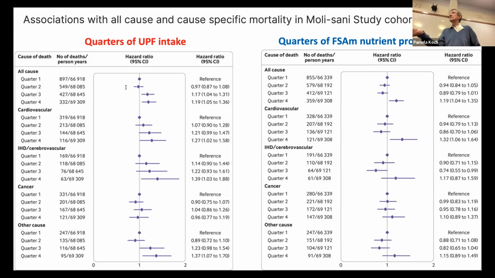But when they did the reverse, when they took the Nutri-Score exposure and adjusted for ultra-processed food intake, the association didn't disappear, but they lost 25% of the strength. So this means that part of the effect of the Nutri-Score on disease, on outcomes, was actually mediated by the consumption of ultra-processed food. In other words, ultra-processed food was confounding the association between the Nutri-Score and these health outcomes.